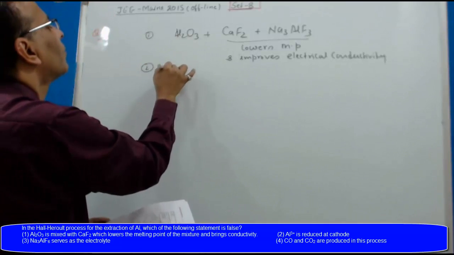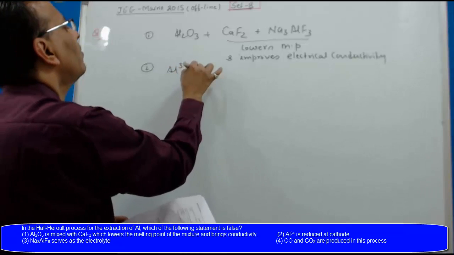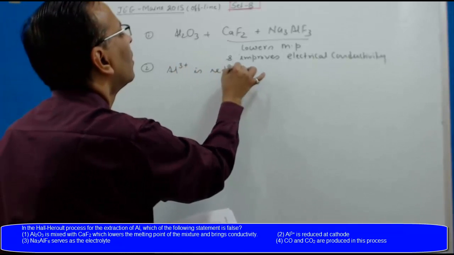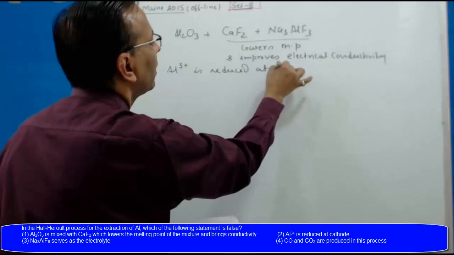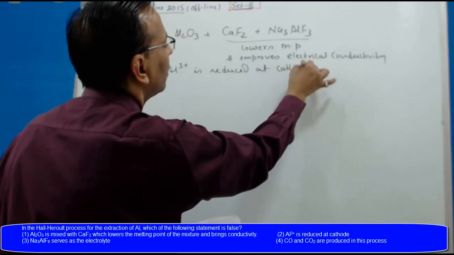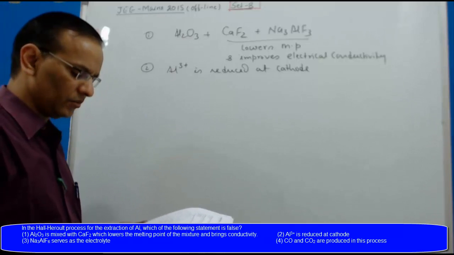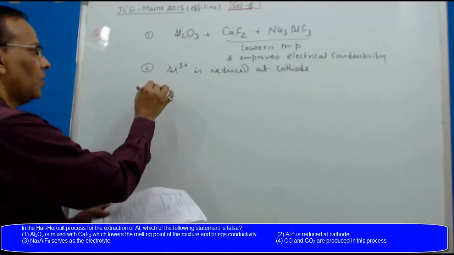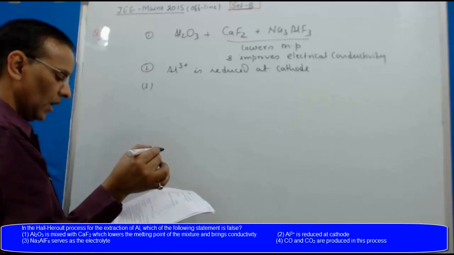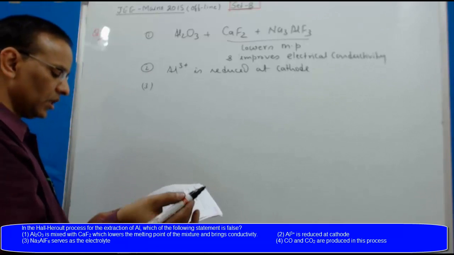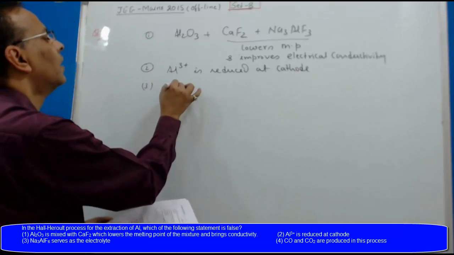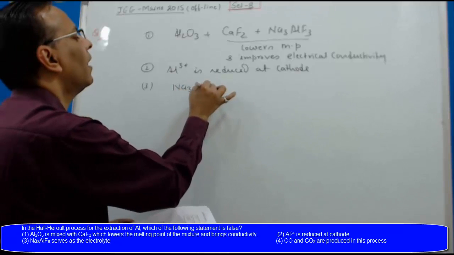The second is that Al3+ is reduced at the cathode. We'll be talking about this just after a while. The third is that Na3AlF6 serves as the electrolyte.